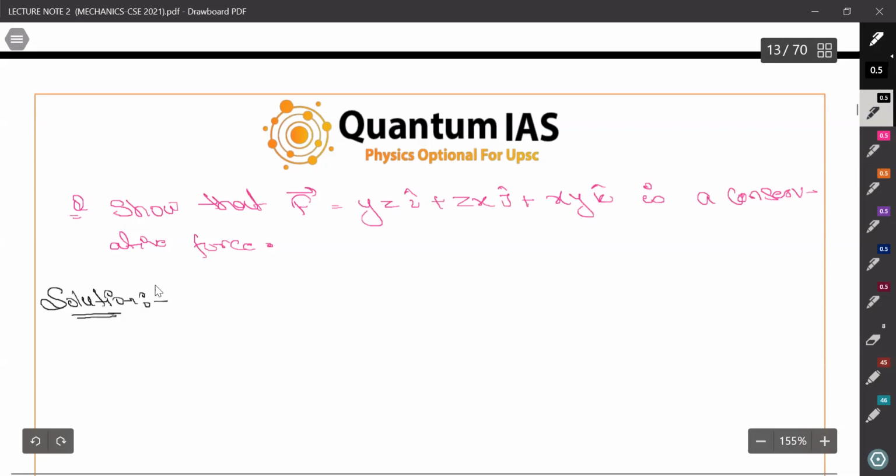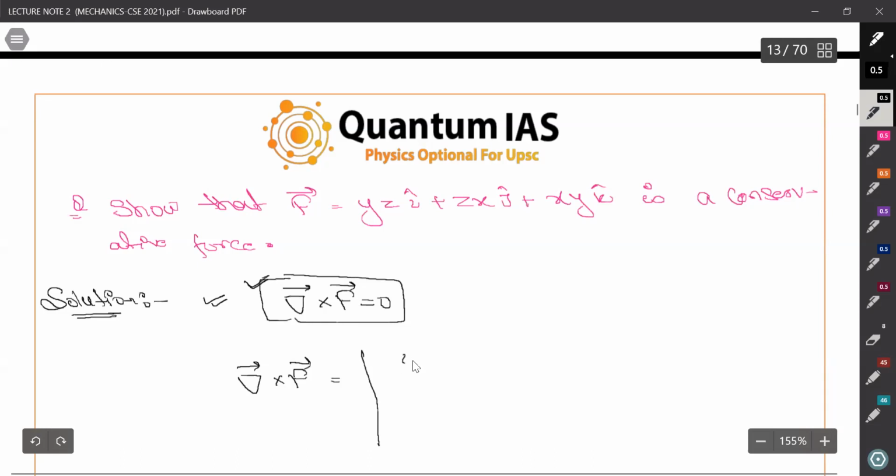This is a very easy problem, and this type of problem may come in your examination. So you need to write what you mean by conservative force and what the characteristics of conservative force are, all the four. Then you will come to this conclusion. We will use this equation as of now. What will be del cross F?